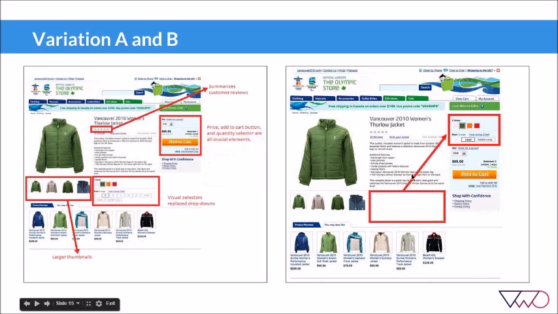In variation B, they did something really interesting. The first part of the page is only about the image of the product. That is a large image and followed by the variations down over here. In the middle center of the page, they have the title, quick reviews over here, followed by the product description.